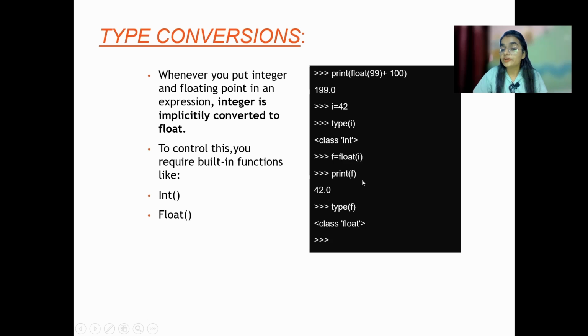Here I am printing f, and it is giving me the output 42.0 because it's a floating point number. Now when we print the type of f, that will give us float, right? Is it clear right now? Don't worry, I'll run this program so we'll get a more clear idea about it, right?